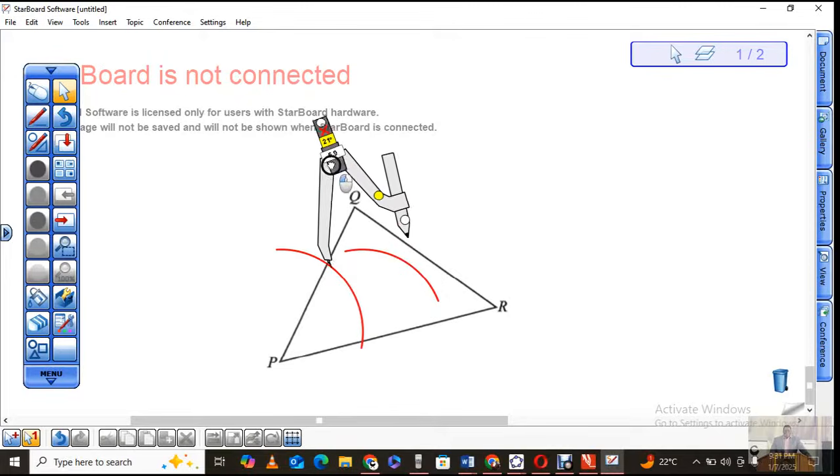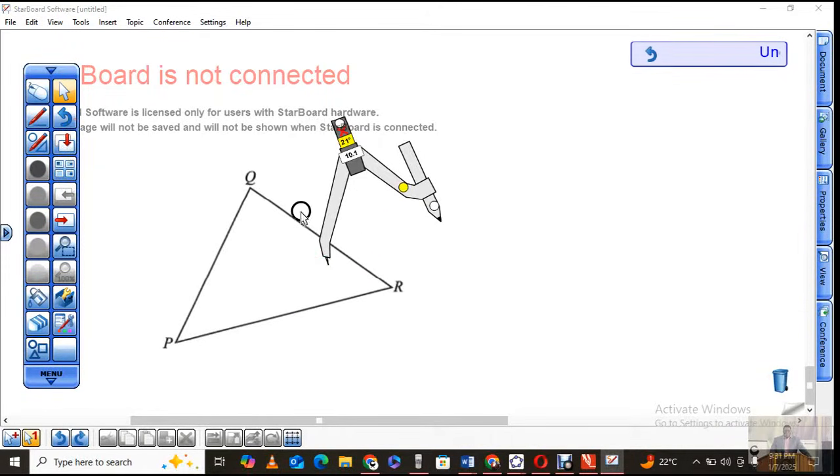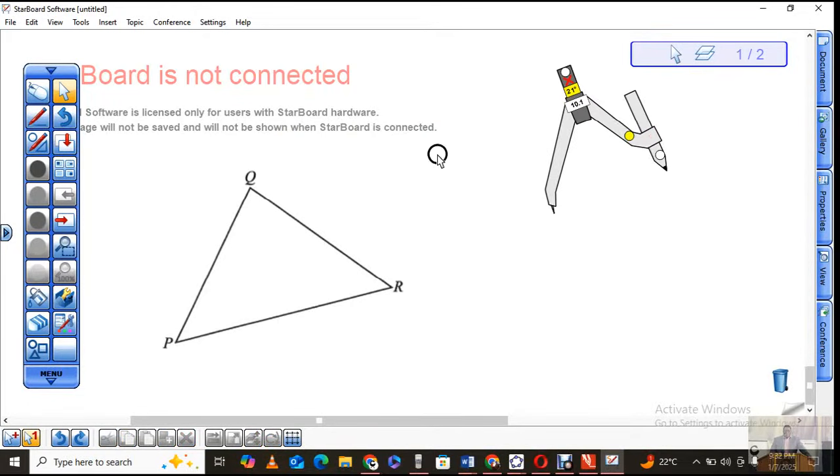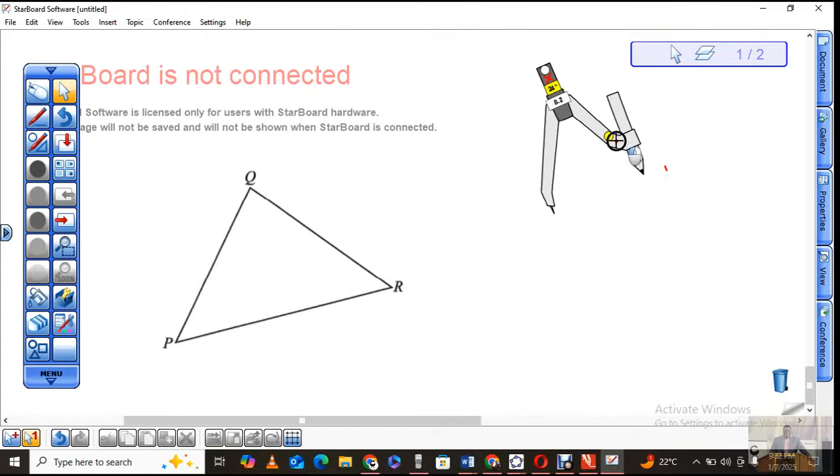So I'm going to put it on the other one. And of course then, oh my goodness gracious. Let's start all over. It's one of those things where you have a small glitch.